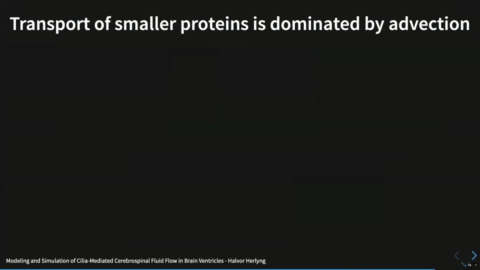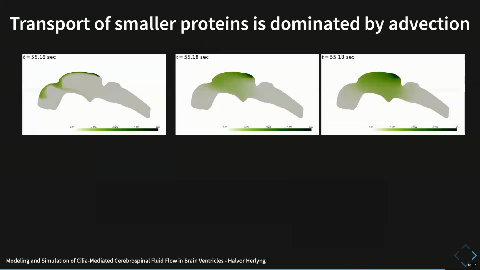We compared transport in the ventricles for different types of molecules by considering a range of diffusion coefficients. We have the diffusion coefficients of 4 different proteins, and then we set the smallest as the lower diffusion coefficient, the highest as the higher, and then we have one in the middle. Then we compared the transport for the 3 different ones.